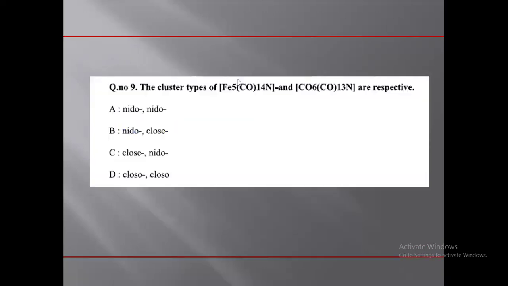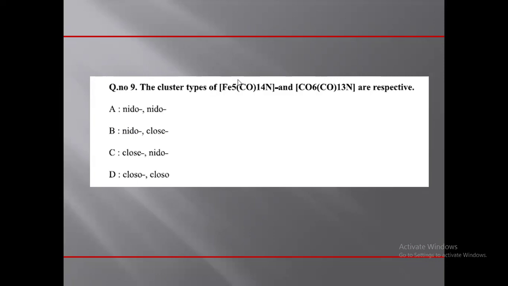Question number 9. The cluster types of Fe5 cobalt 14 nitrogen and cobalt 6 cobalt 13 nitrogen are respectively. A, B, C, D options are there. A is nido nido, B is nido closo, C is closo nido, and D is closo closo. Here you have to go through the boron chemistry.